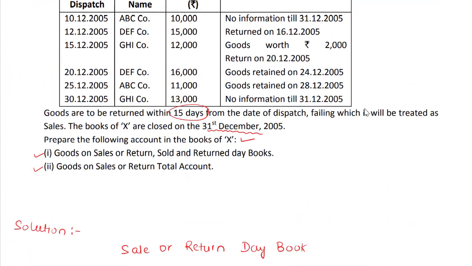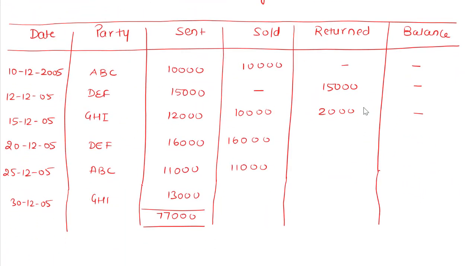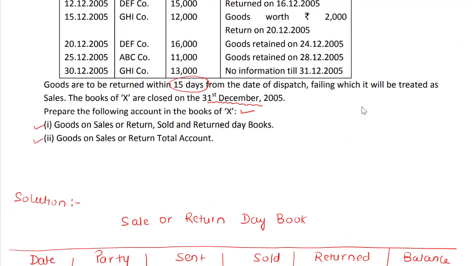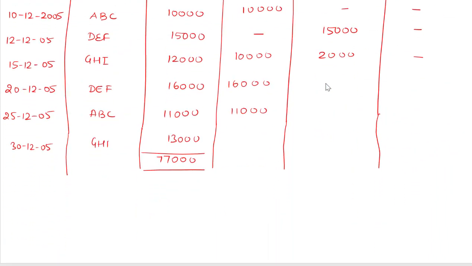And last, no information till 31st December. It would be treated as balance because the time is still there; 15 days have not passed.